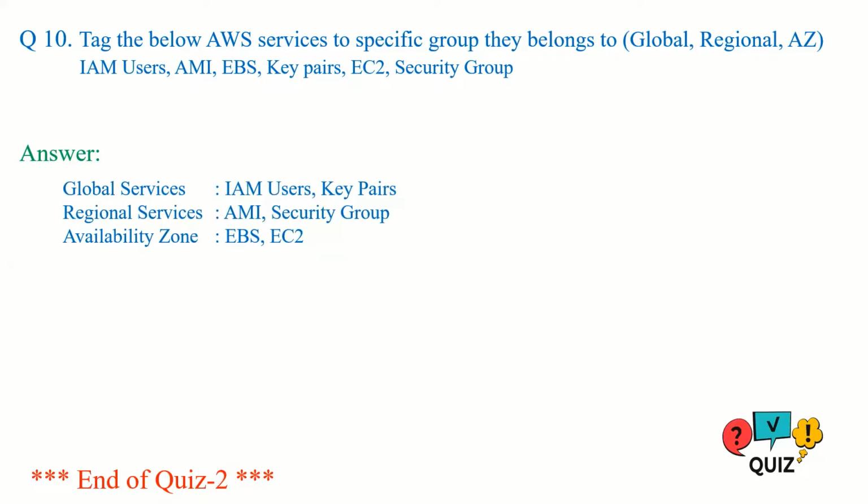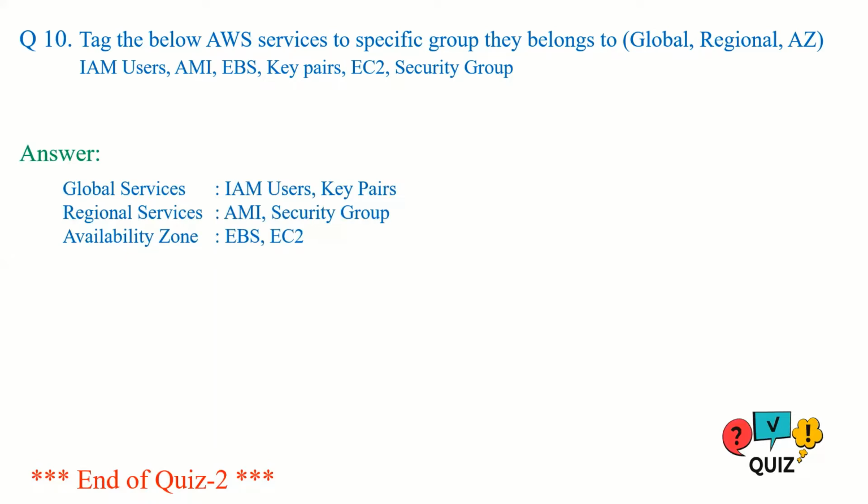To make it possible, you will have to copy this AMI from one region to another region. Security group, once again, whatever you create will be tagged to a particular region. That means the same security group can be reused in other availability zones that fall in the same region.